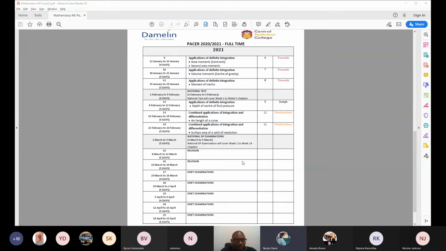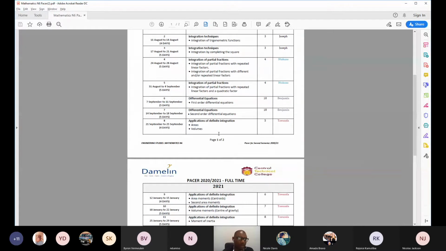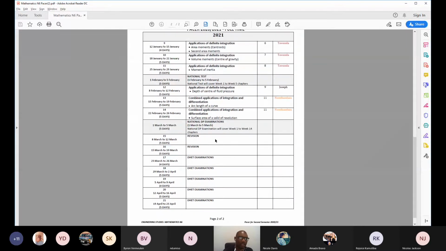What I'm confused about is, you see where it says 1st February to 5th February, national test. It says at the bottom, national test will cover week 1 to week 5 chapters. And doesn't week 5 chapter end at, I think... Okay, I'm actually looking at it.